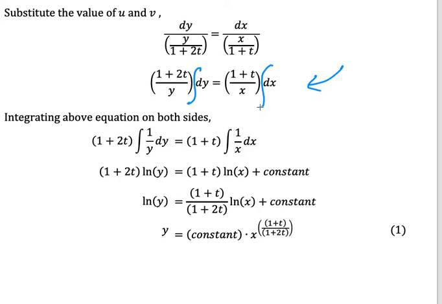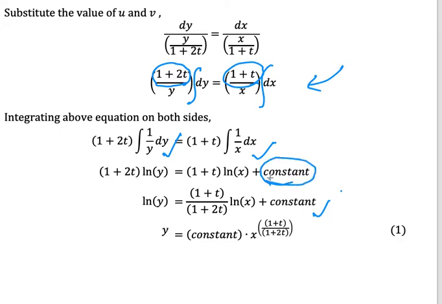Because 1 plus 2t has nothing to do with y, we could take it out of the calculation. So we only have the integration of 1 over y and the integration of 1 over x, and finally we get this. Please do not forget that if you integrate something, you will get a constant value.